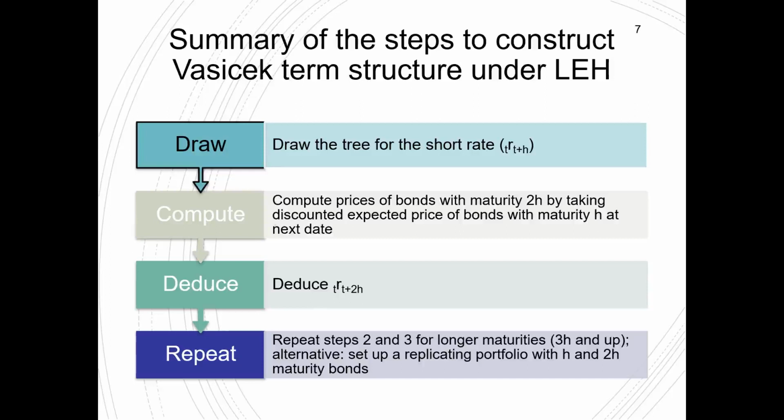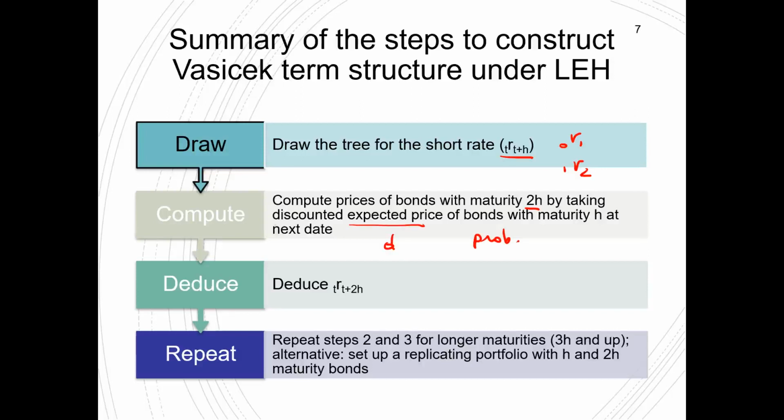So let's summarize what we did. The steps to construct the Vasicek term structure under the local expectation hypothesis. First, we drew the tree for the short rate. So these were like the 0R1, the 1R2, and so on. Then we computed the price for maturities longer than 2 years by taking the discounted expected price. That's when we use our probabilities.